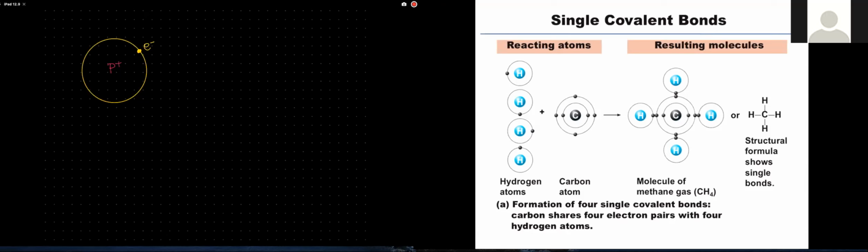How about the carbon? Carbon has 6 protons and 6 electrons.